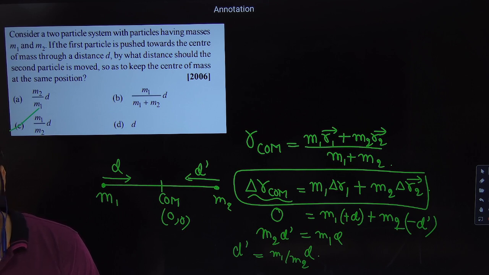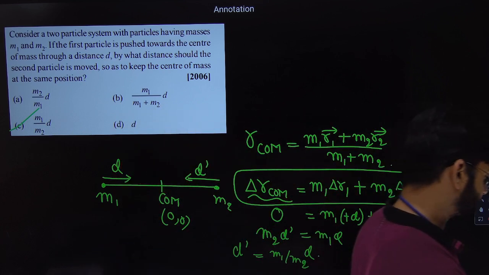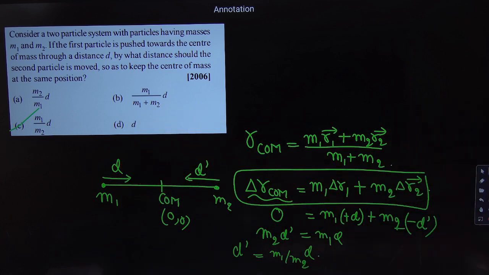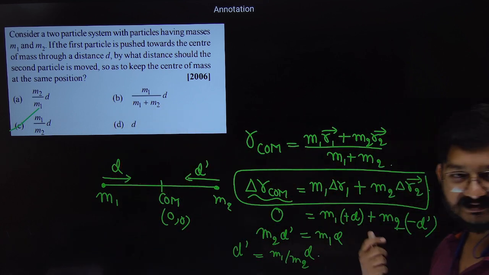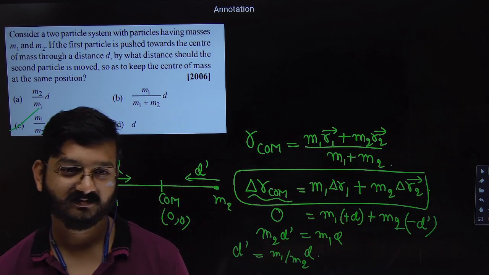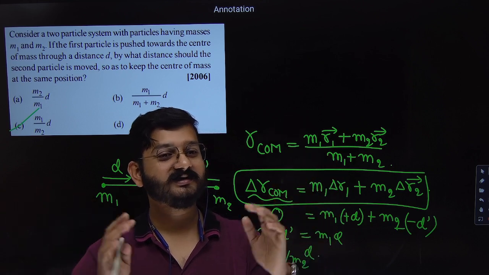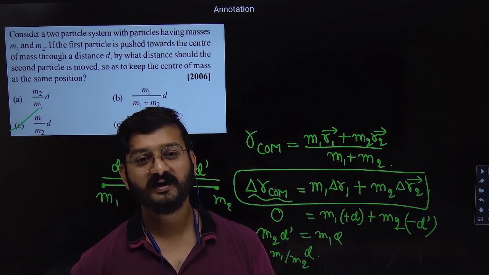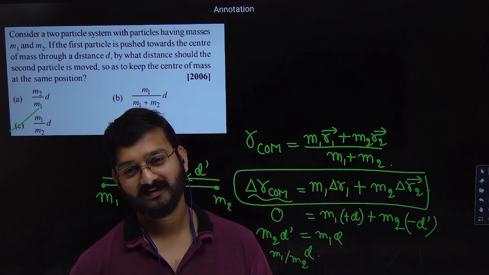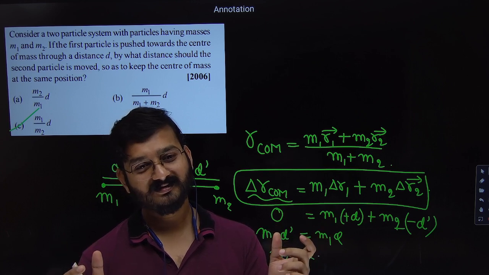Got it? If you think logically, you know these things already. It is the same as conservation of linear momentum. One object is moving towards left, one object is moving towards right, so that the net momentum is 0. So m1 v1 equal to m2 v2.